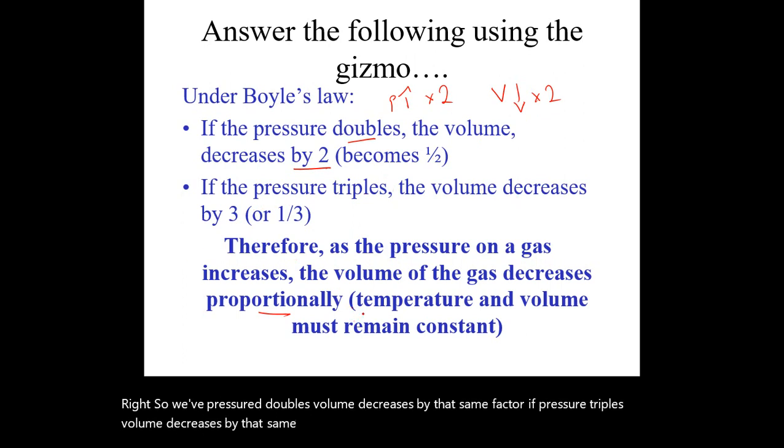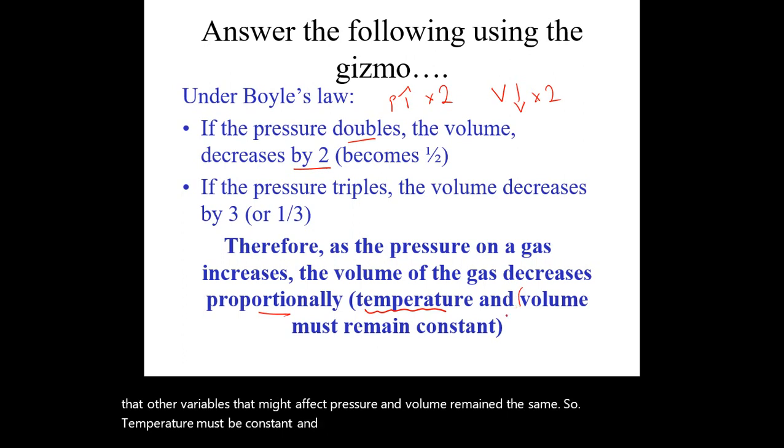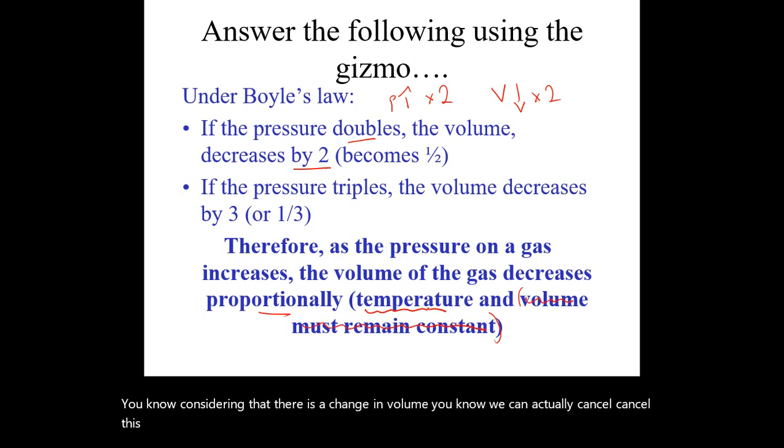Now, this part's important to say: we're assuming that other variables that might affect pressure and volume remain the same. So temperature must be constant.